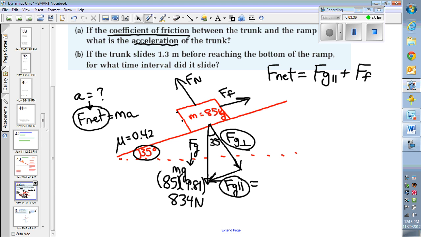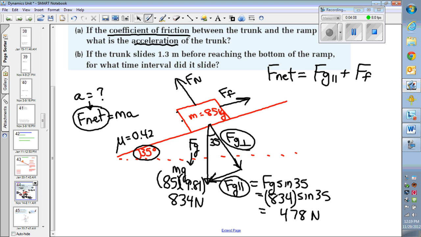Now to get FG parallel, that's my hypotenuse times the sine of 35 degrees. So this is 834 times the sine of 35. It comes out to 478 newtons. That's the part of gravity that's down the plane.